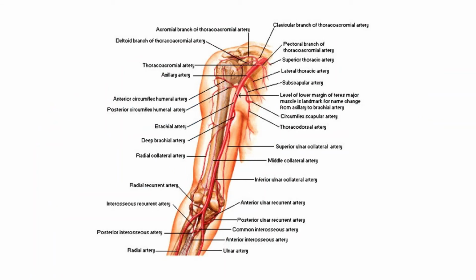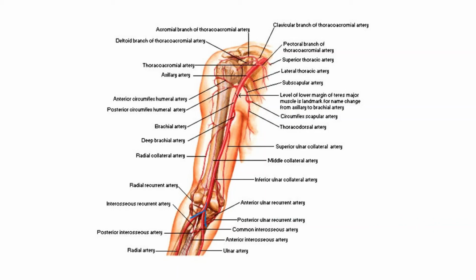Now in this picture we can study a bit more detail about the brachial artery and its terminal branches. As I have already mentioned, the brachial artery, once it enters the cubital fossa, divides into its two terminal branches, that is the radial and the ulnar artery. These two terminal branches give some branches in the cubital fossa also.